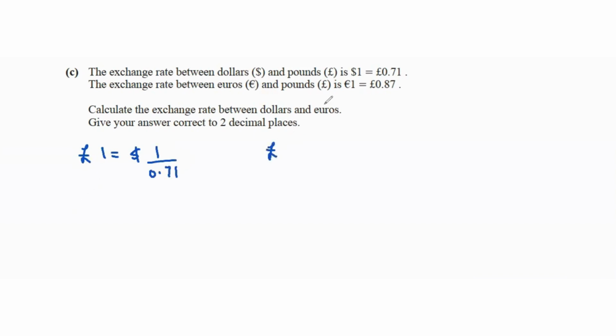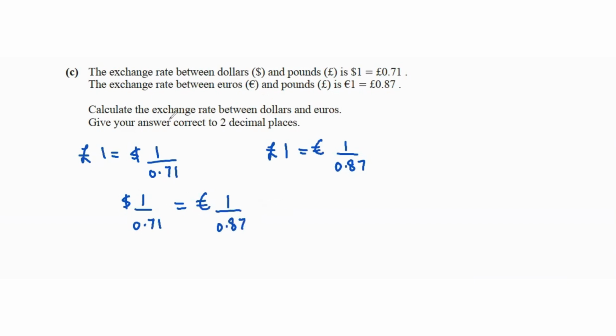And for the euros, 1 pound would equal 1 over 0.87 euros. So if we put both of these equal to each other, because both equal 1 pound, 1 over 0.71 dollars equals 1 over 0.87 euros.